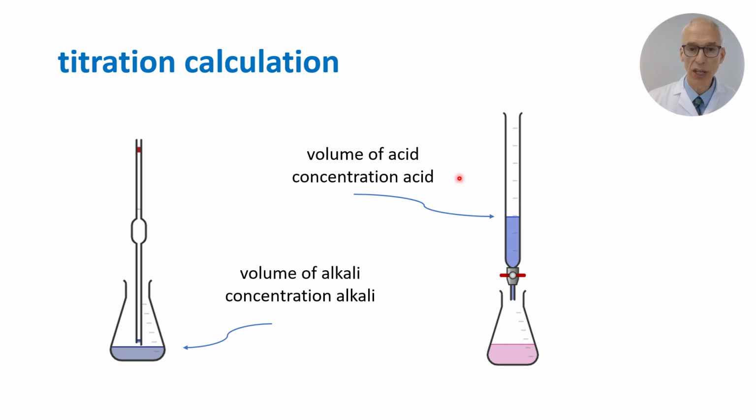And we want to know their values at exact reaction, that is when the indicator changes color. If you have 3 of these values, the 4th, the unknown value, can be calculated. That is the key idea in titration calculation.